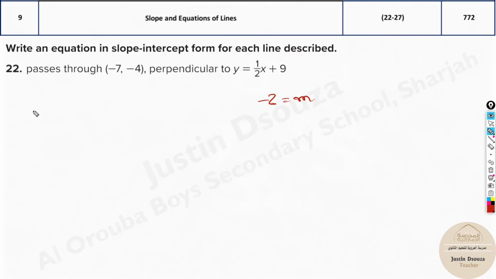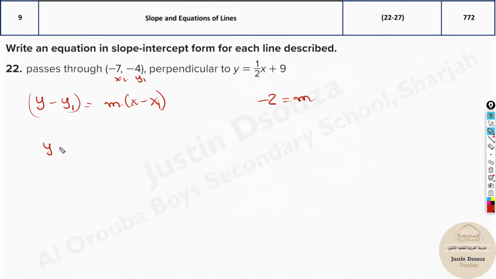Now once I have the slope, I can use different types of formulas, but the easiest one would be y minus y1 is equal to m into x minus x1. This m and y and x will remain. Now what is y1 and x1? This is it, x1, y1. Now substitute.